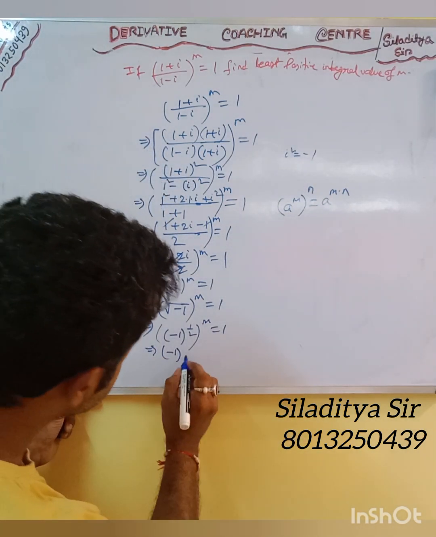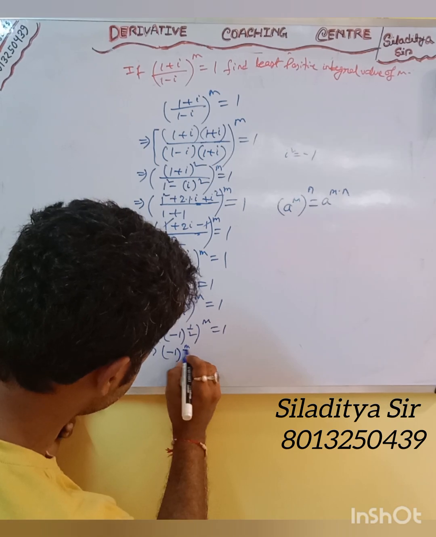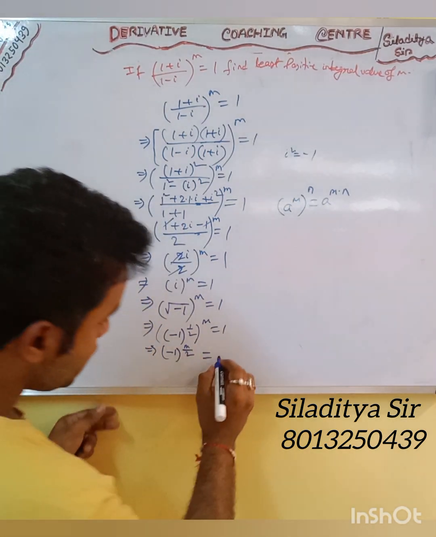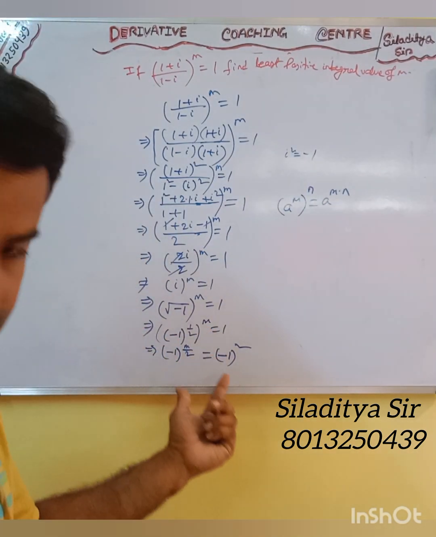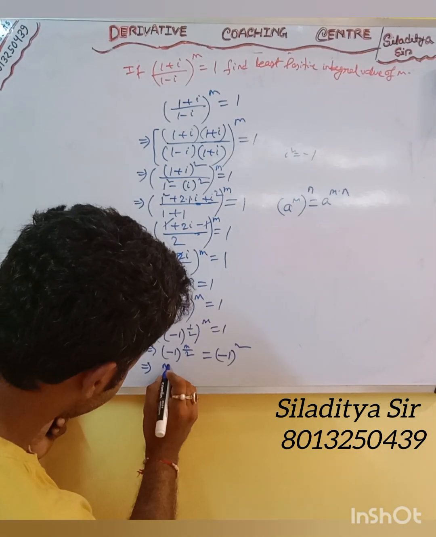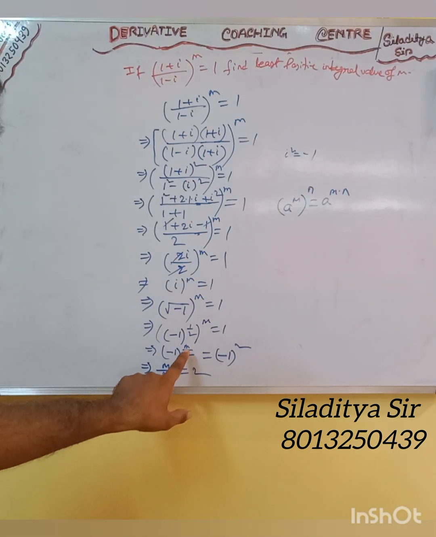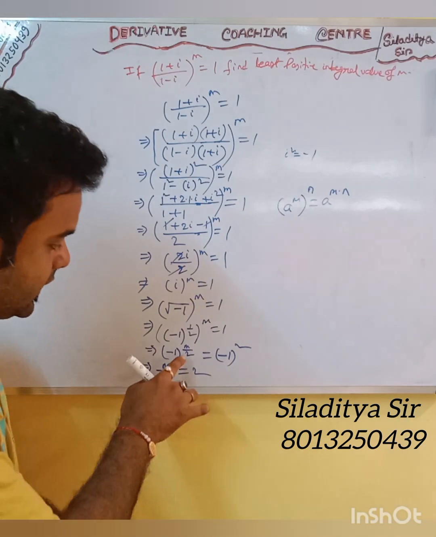Okay, so by this form we can write that is m by 2, and 1 we can write as minus 1 whole to the power 4, that is 1. Now the base will be cancelled out, then we get m by 2 equal to 4.